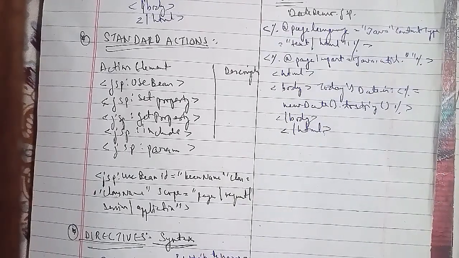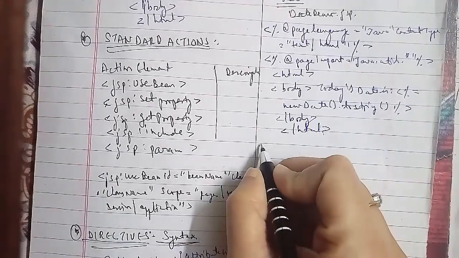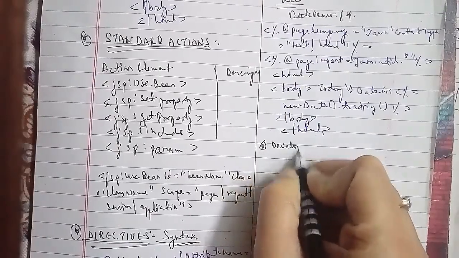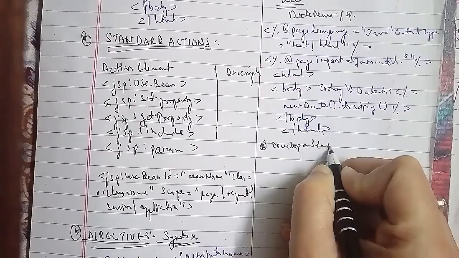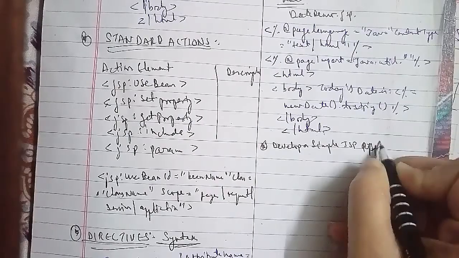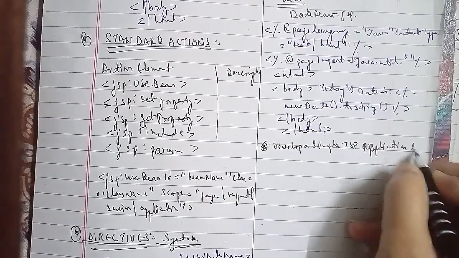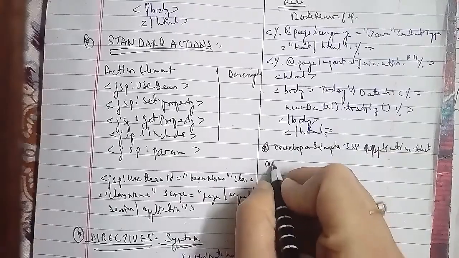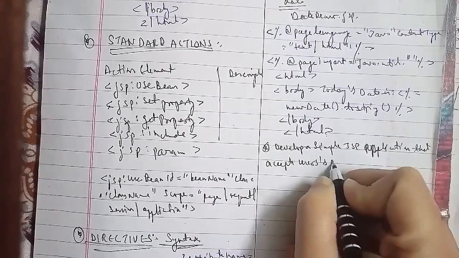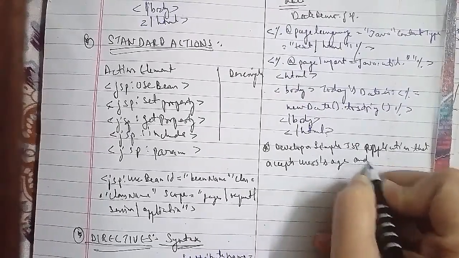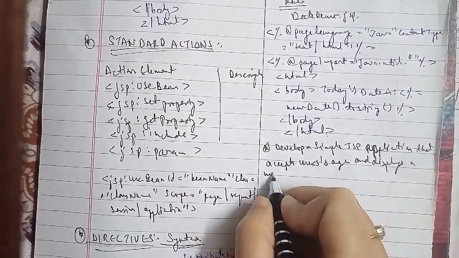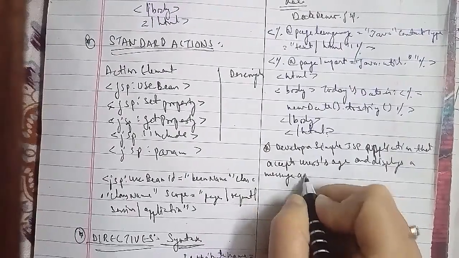That is, develop a simple JSP application that accepts the user's age and displays a message according to the following rules.